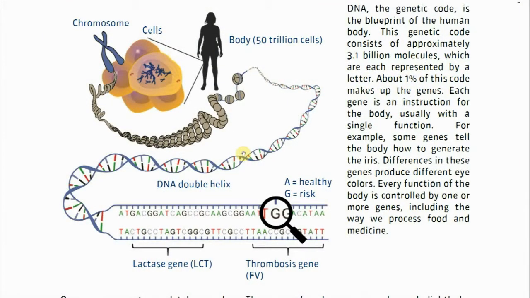And there's another gene, the thrombosis gene, factor 5. This just means that this gene here contains the information of how to prevent thrombosis, a blood clot from forming in your arteries when this shouldn't be the case. So there's a gene that has a certain function, and another gene has another function. And most genes mostly only have one function, some have a few, but this is pretty much how the instructions of your human body look like.